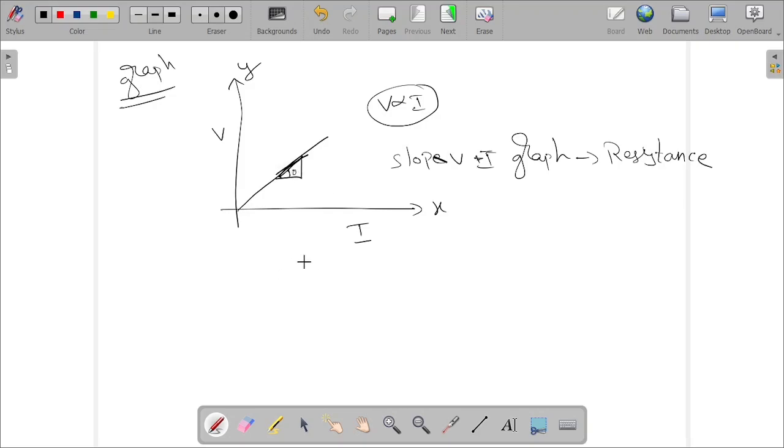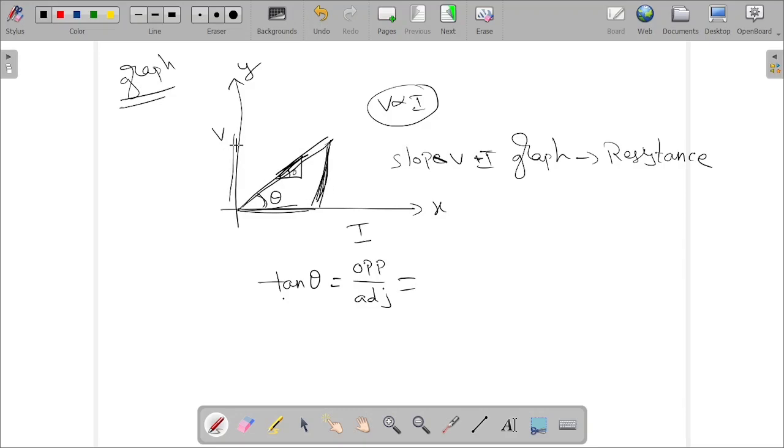Two things I am going to say, listen carefully. What is the formula for tan theta? Tan theta equals opposite side by adjacent side. This is the opposite side and this is the adjacent side.